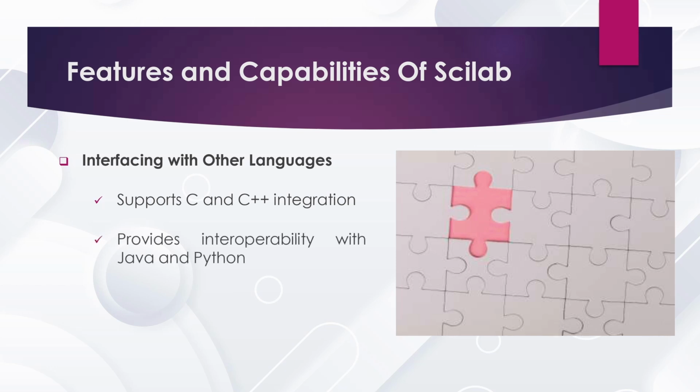Additionally, it provides interoperability with Java and Python, enabling smooth interaction with applications developed in these languages. Scilab also supports external libraries, allowing users to load and utilize additional functionalities, further enhancing its computational and analytical capabilities.